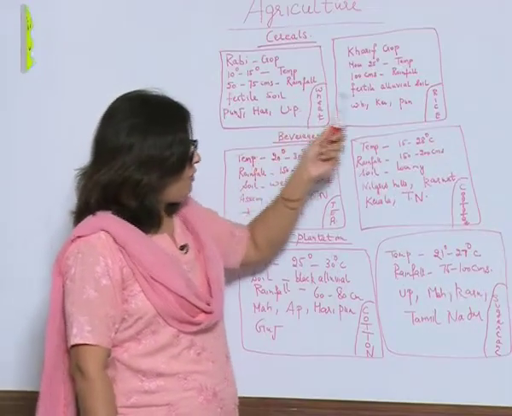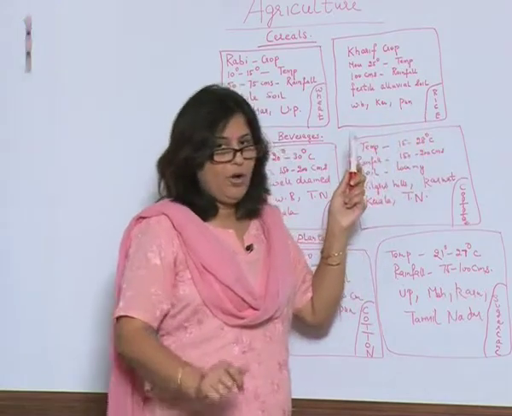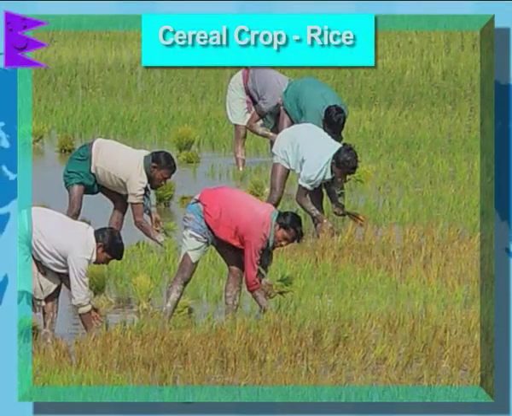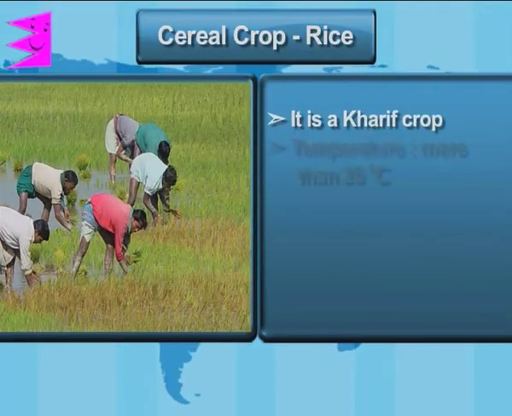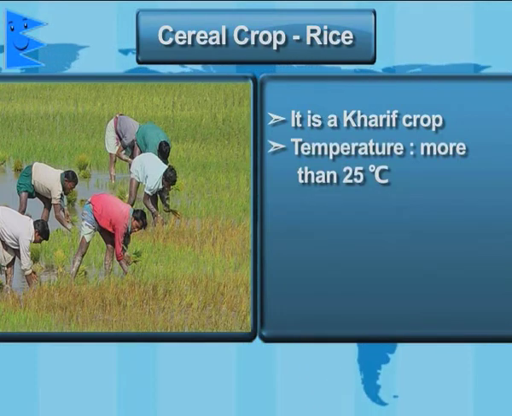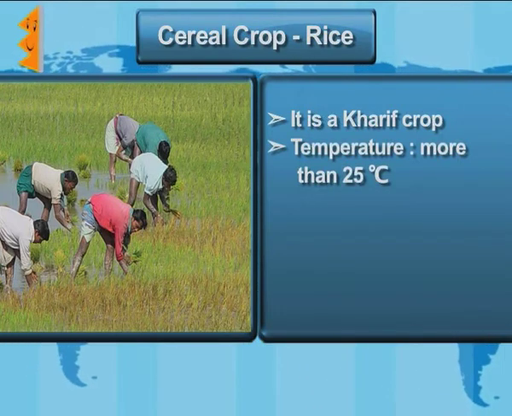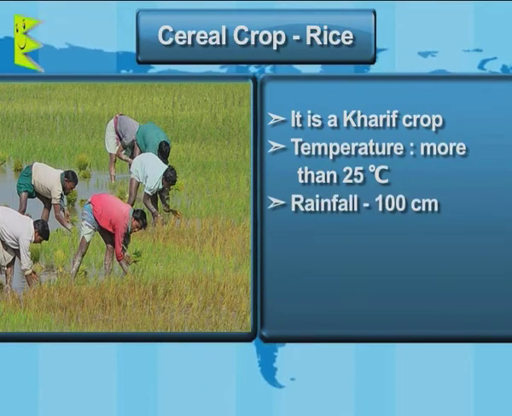Now, let's move to the second cereal crop and immediately draw the table for the rice crop. It's a kharif crop, and the temperature that is required is it should be always more than 25 degrees centigrade. The rainfall 100 centimeters.